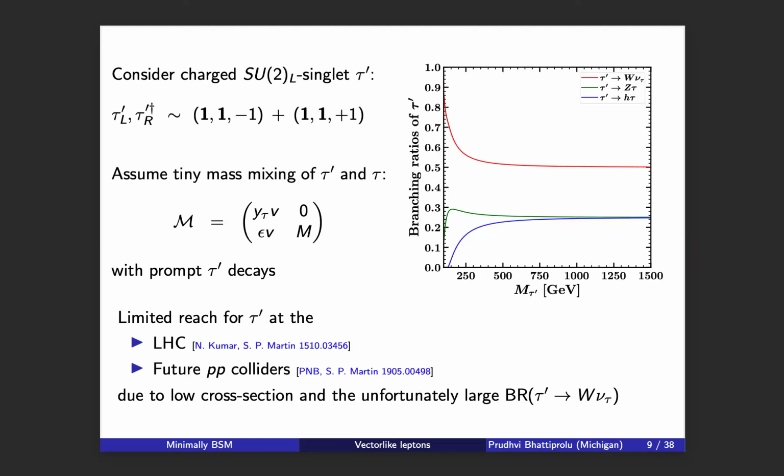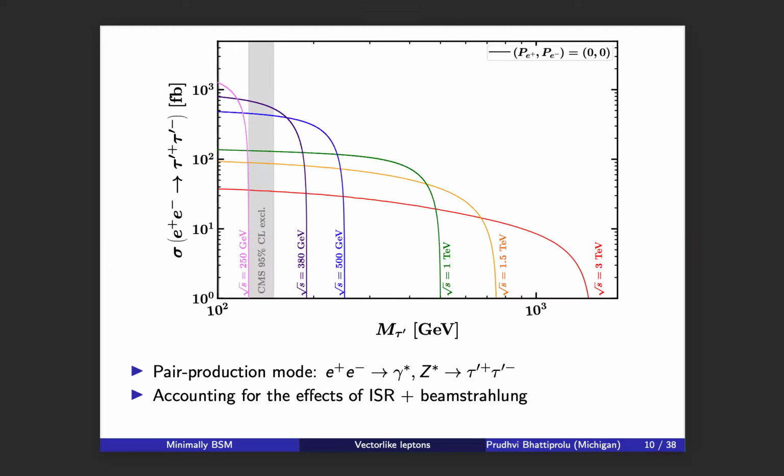Okay, so at an E plus E minus collider, the pair production of tau primes proceeds through s-channel photons and s-channel Z's, and here is the pair production cross section at various E plus E minus collider energies as a function of its mass. The current exclusion is shown here in gray by CMS, from 2022, just a couple of years ago.